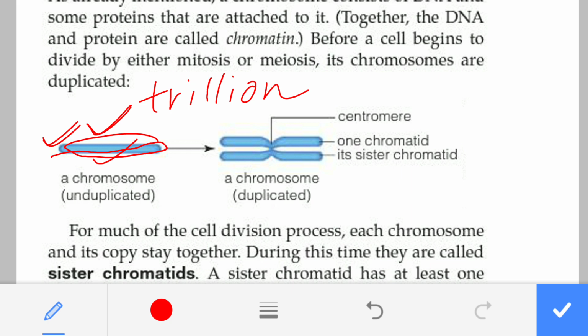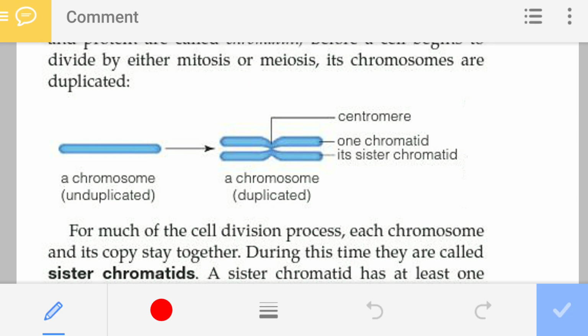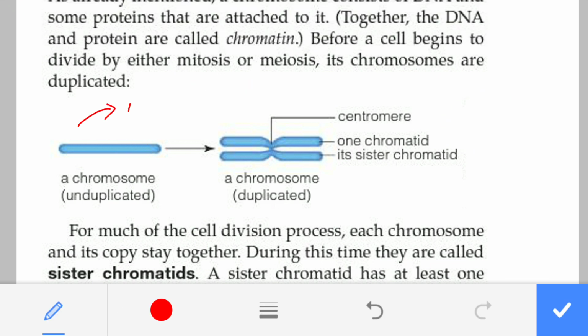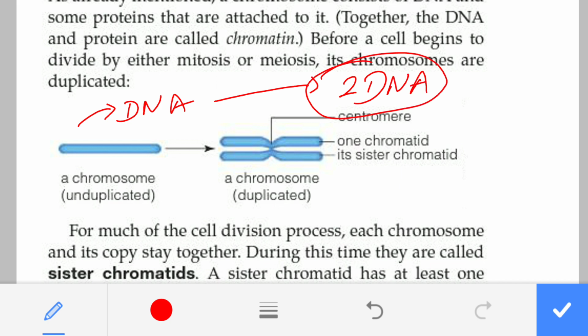But when the cell is dividing, at that time the DNA replication takes place during the synthetic phase of the cell cycle, so that whatever DNA material is there in this chromosome doubles up, and from this double DNA two chromatids are formed.